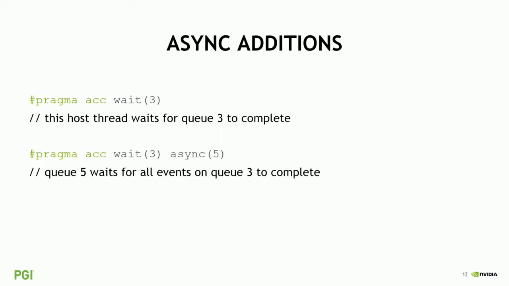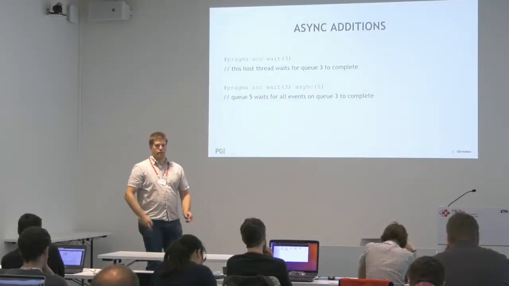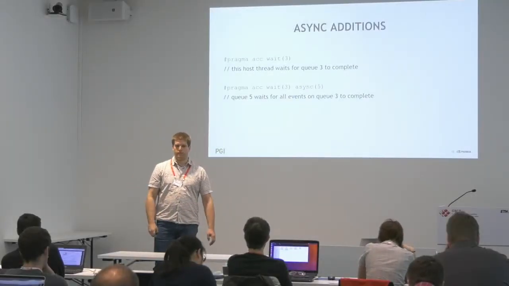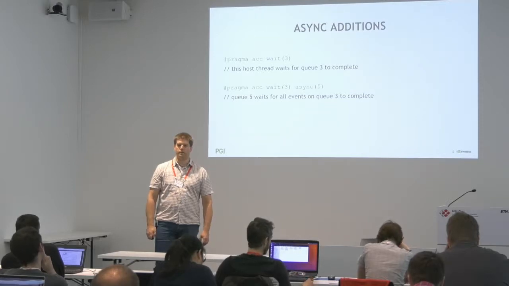And these combinations sometimes can get a little bit confusing if you look at examples, or if you look at all the combinations that are possible in the OpenACC specification. That's why I just wanted to show you a few common examples and make sure that you understand what they mean.